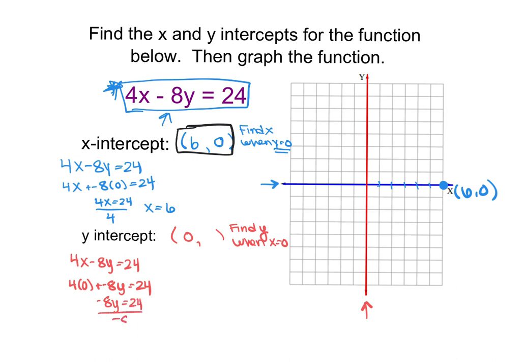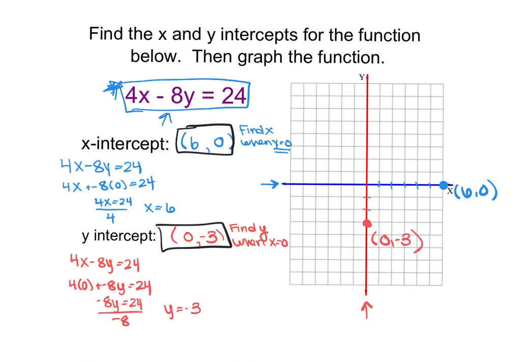I then divide by negative 8, and I find that my y value is equal to negative 3. So when x is 0, y is negative 3. And there's my next coordinate. There's where I cross the y-axis. X is 0, y is negative 1, 2, 3. So I can plot and label that point.